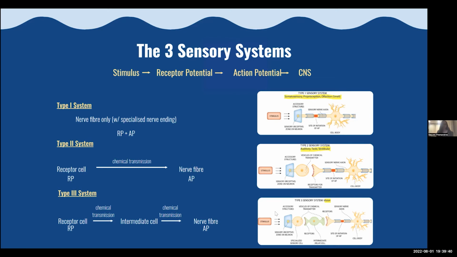In the type 3 system, it's very similar to type 2. So you have the receptor cell, which will produce a receptor potential, and then a nerve fiber that will produce an action potential. But then there's an intermediate cell in the middle that will convey the information, again, through chemical transmission or neurotransmitters.